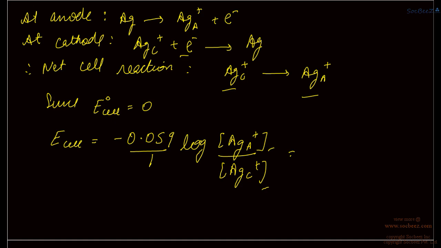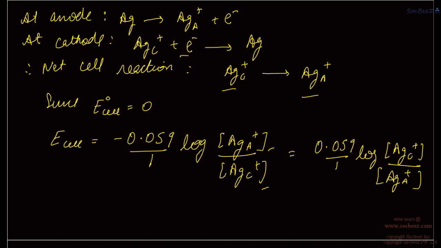Here we are considering the product is Ag+ at anode and the reactant is Ag+ at cathode. So from here the value of E cell comes out to be 0.059 upon 1 log of Ag+ at cathode upon Ag+ at anode.